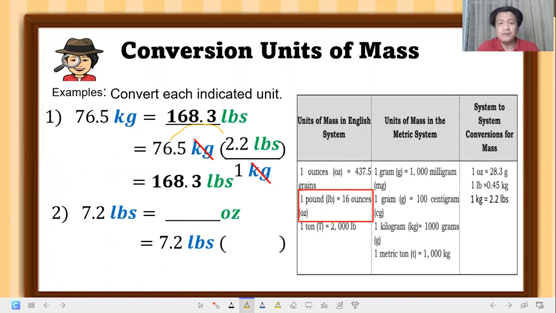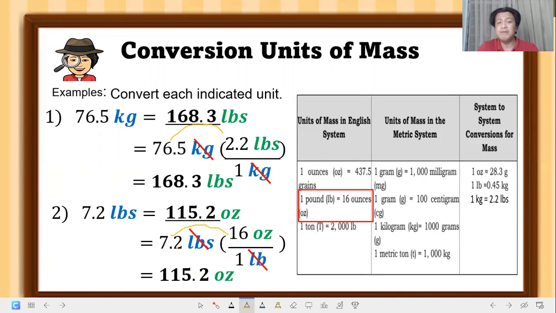And then, but take note, pag sinet up natin sa unit fraction para ma-multiply, same yung unit sa denominator para ma-cancel natin yung pounds. Okay, therefore, natira na lang sa 16, multiply mo doon sa 7.2. And what is the product of this? That is equal to 115.2 ounces. Yan ngayon yung value or equivalent ni 7.2 pounds.